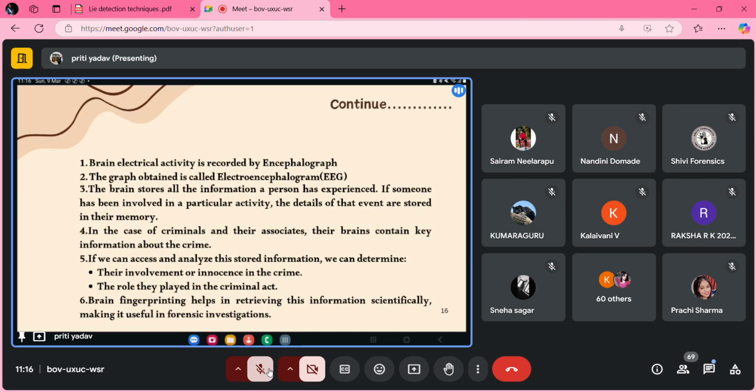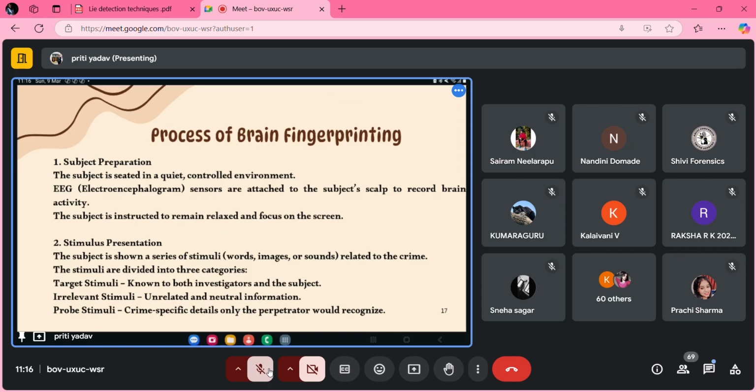The process of brain fingerprinting consists of four parts. First and foremost, subject preparation. In this, sensors are attached to the subject's scalp to record brain activity.